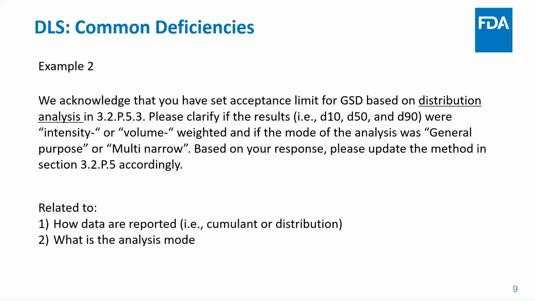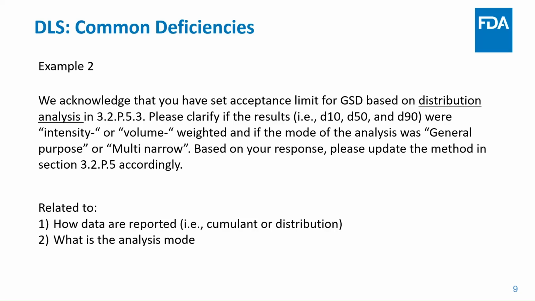The second example is also tied to what type of results analysis they are using. As we mentioned for dynamic light scattering, there is cumulant analysis and there is distribution analysis. And when the company is using D10, D50, D90, that clearly tells you they are using distribution analysis.